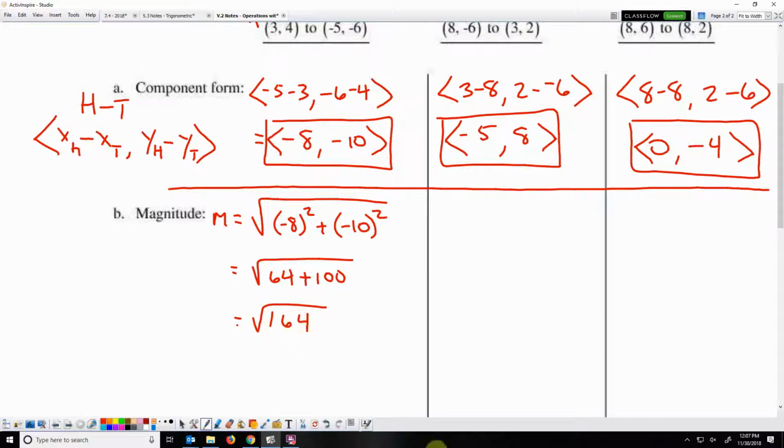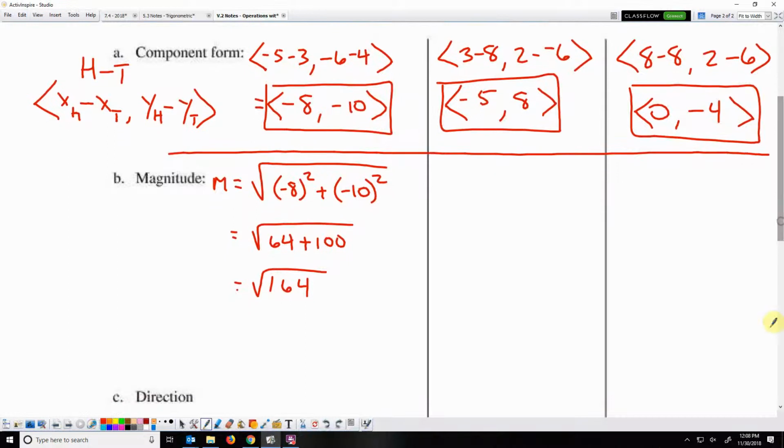Square root of 164. 164 is divisible by a square number, 4. So it's the square root of 4, and 4 times 41 makes 164. The square root of 4 is 2, so it's 2 times the square root of 41. That is the magnitude of that vector.